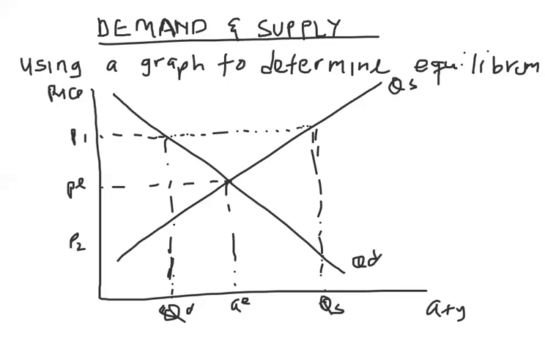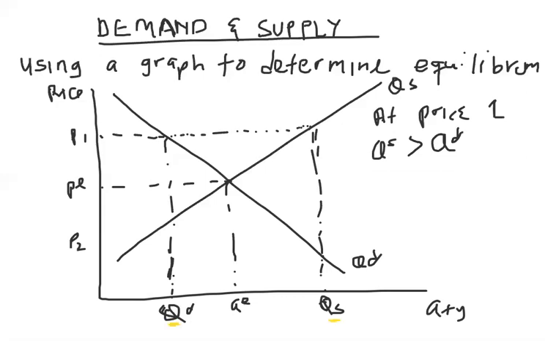So at price level 1, that is at P1, you can see that the quantity supplied is greater than the quantity demand, because this is the quantity supply here, and this is the quantity that we're demanding here, right?